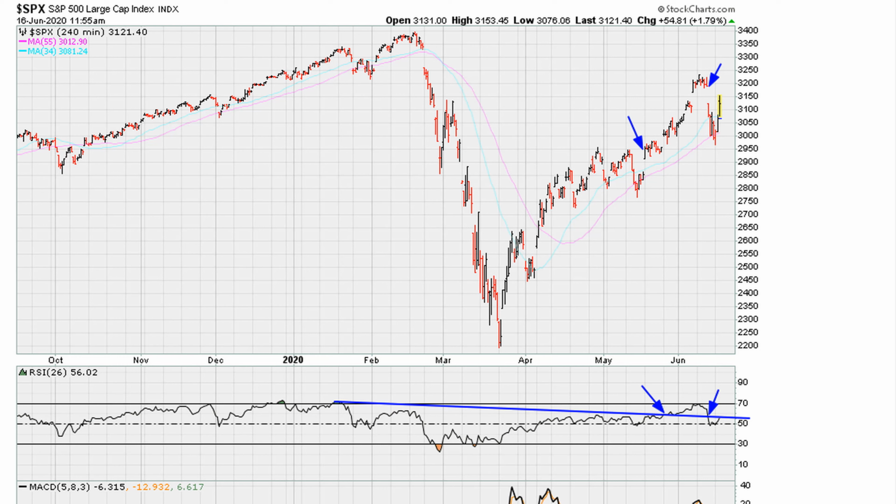So if I was to bring back the previous lines, it's going to be a little messy, but now you know where all those lines come from. We have the backtest line, and we have the prior break line. So this line is going to come from this break point right here, and I'm going to extend it.